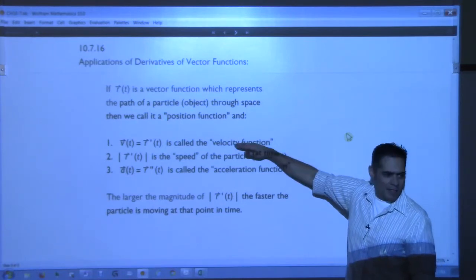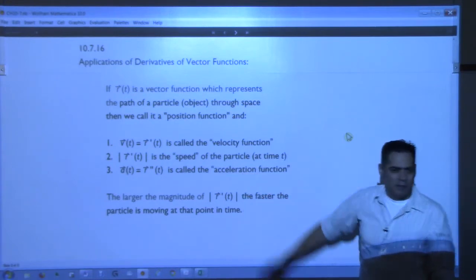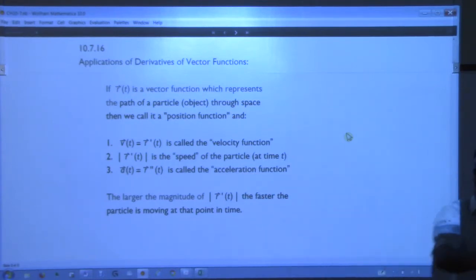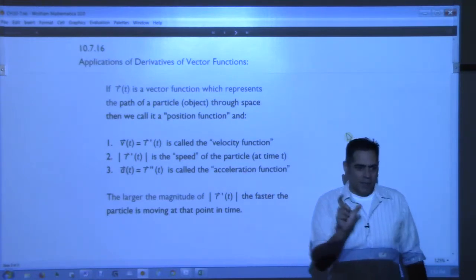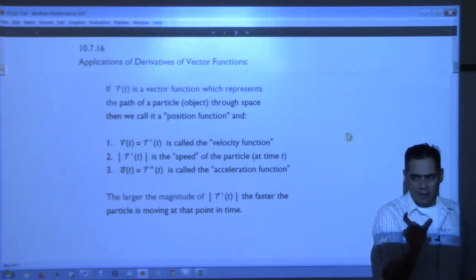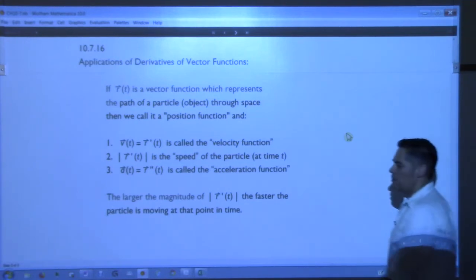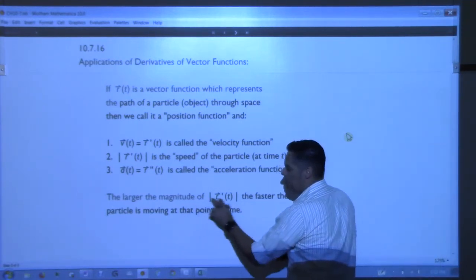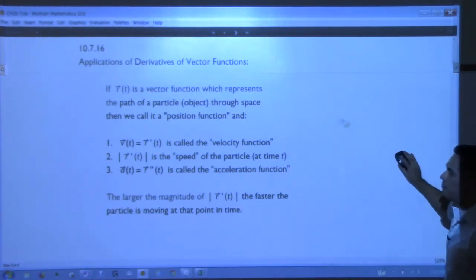The length of the velocity vector is called speed, but the length of the acceleration vector is not defined unless we're in straight line motion. If we're in straight line motion, then the acceleration is just a number, and that's just the length of the vector. All right, the larger the magnitude of the derivative, the faster the particle is moving at that point in time.